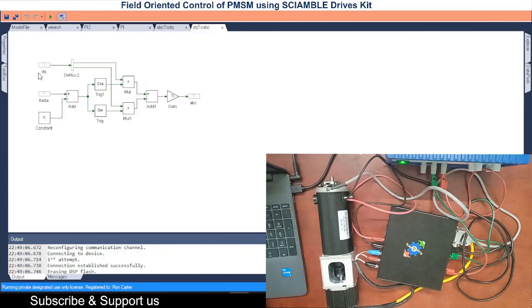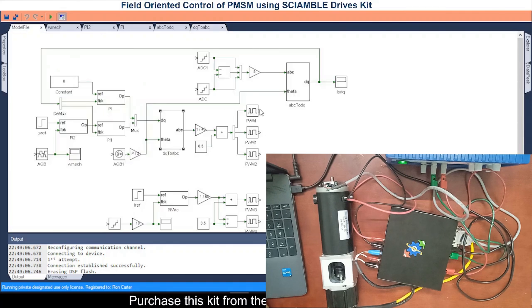Inputs are VD and VQ, and the outputs are VA, VB and VC. All three phase voltages will be given as input to the PWM generators, and these three PWM generators will be producing pulses for all three phases.